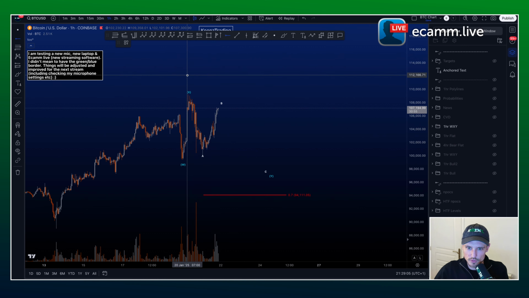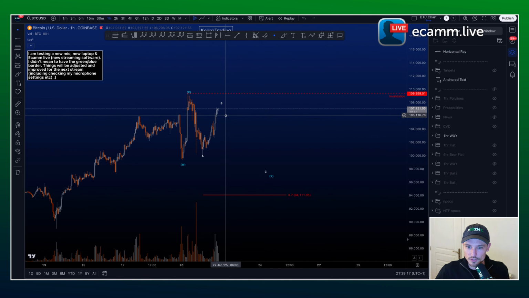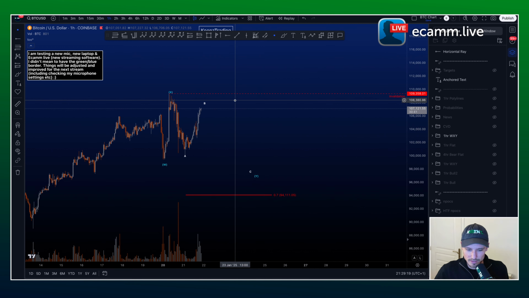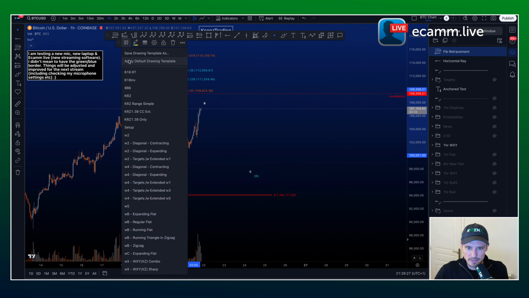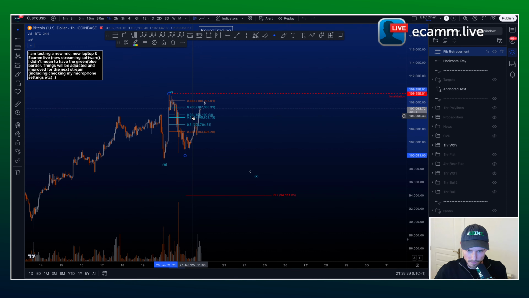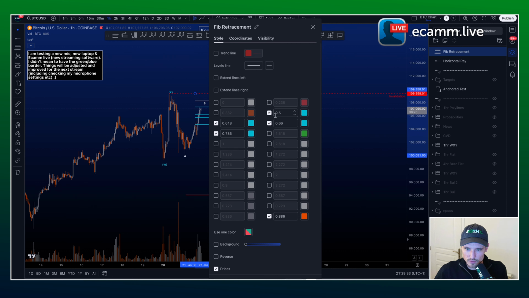Of course, I'm also using a new mouse. Some people hate it, some people love it. I'm just testing it. I'm having the Magic Mouse in black. So just testing. And of course, I now use command instead of control to magnet stuff to candles.